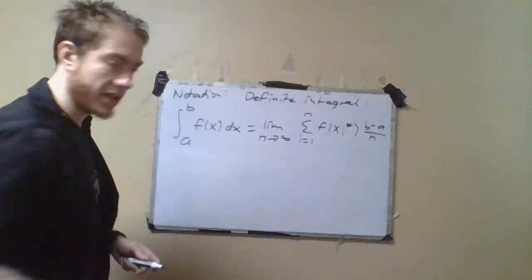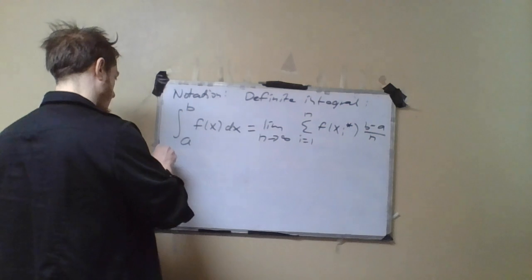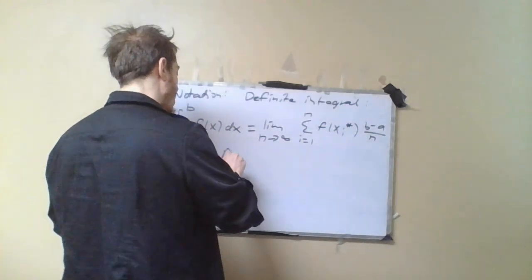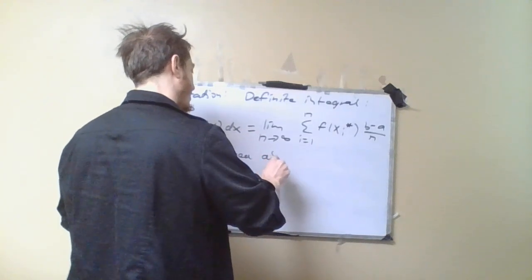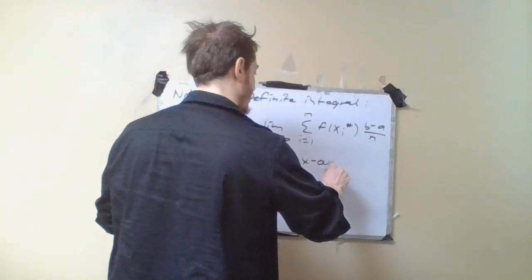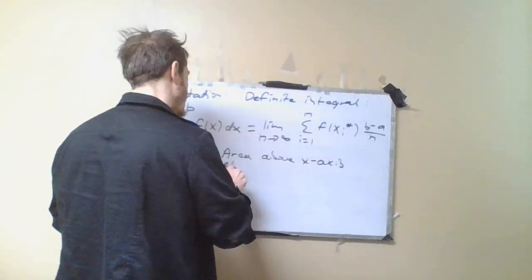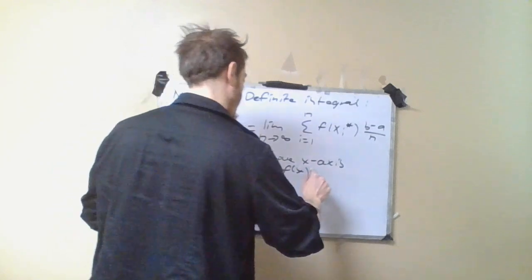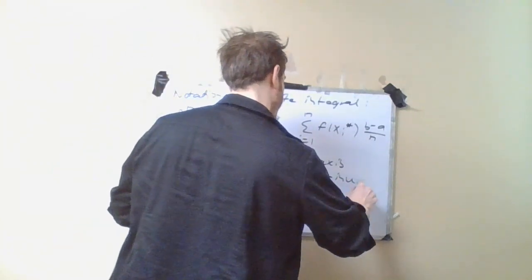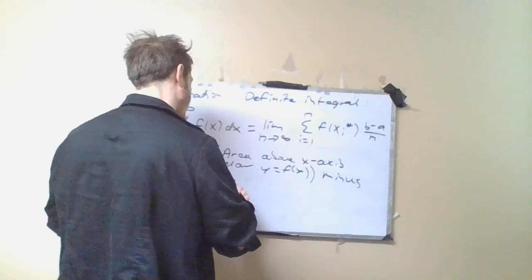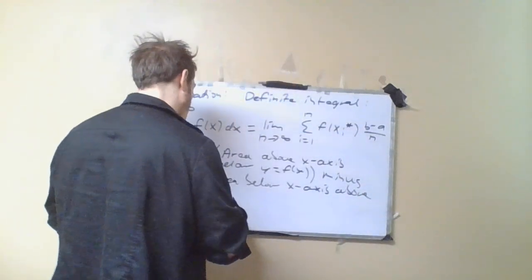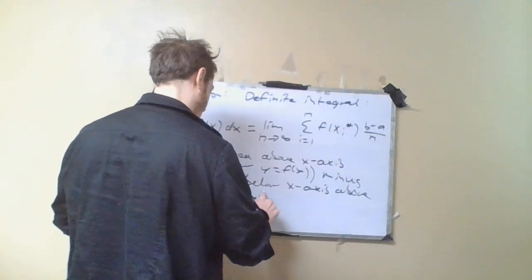So the intuitive definition is it is the area above the x-axis and below y equals f of x, minus the area below the x-axis and above y equals f of x.